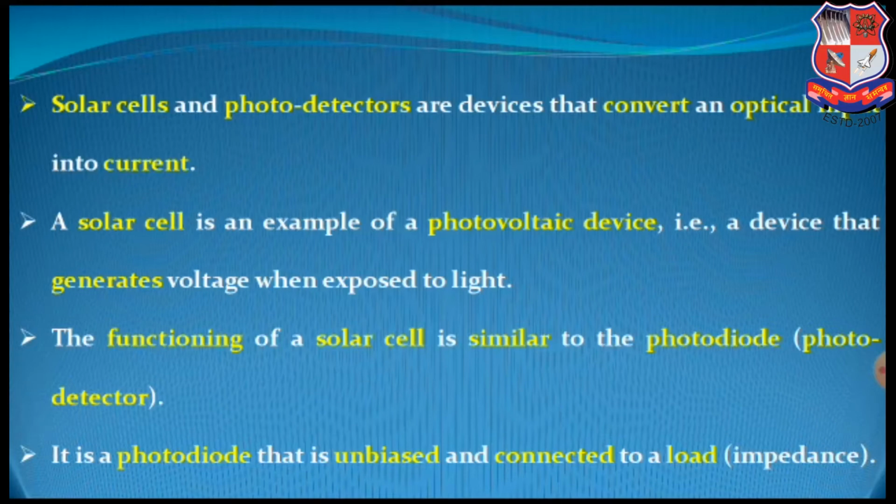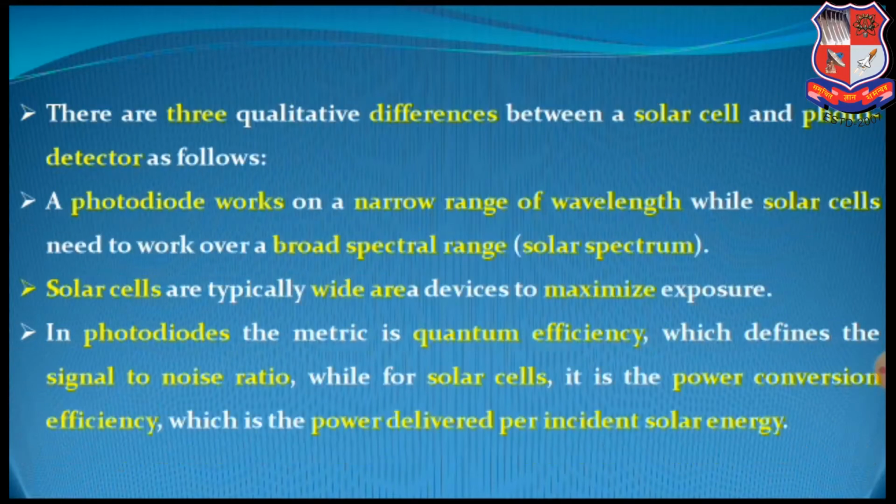Unbiased means no external voltage is applied to the device, and it is connected to a load. So we are not applying any voltage, but the excess light energy exposed to the semiconductor can be sorted out with the connection of a load, that is, impedance.